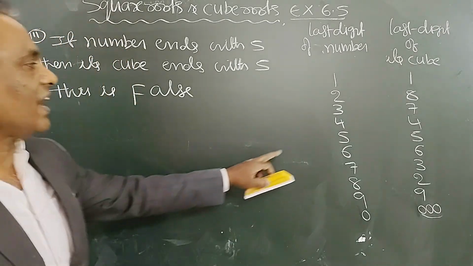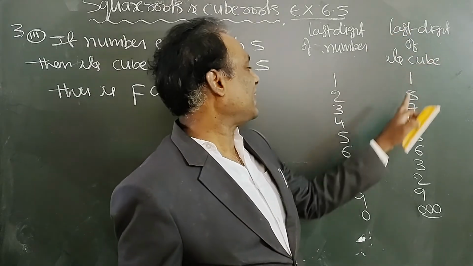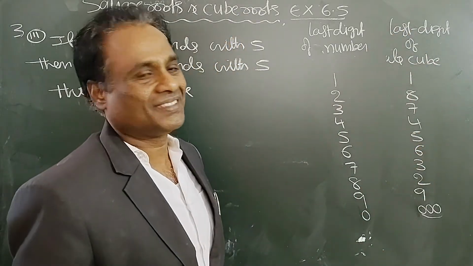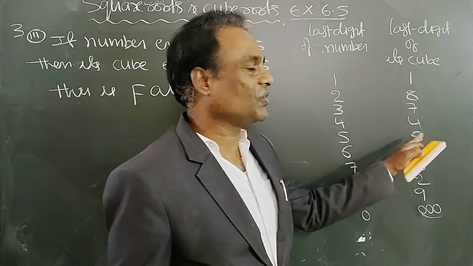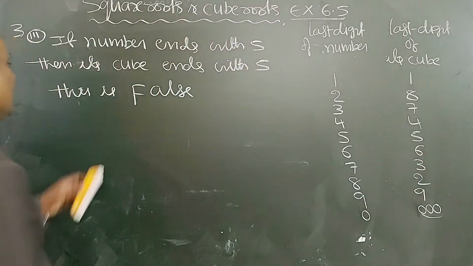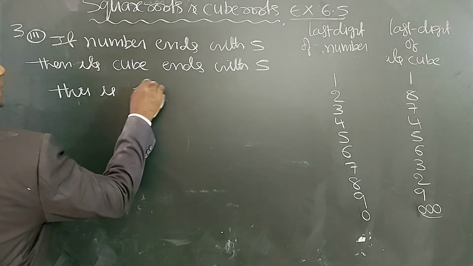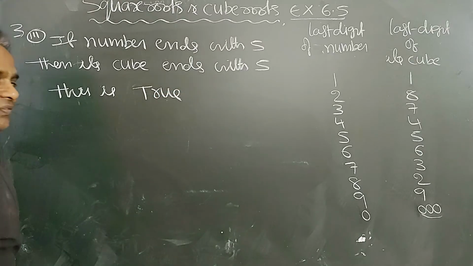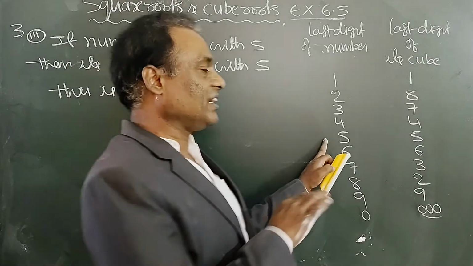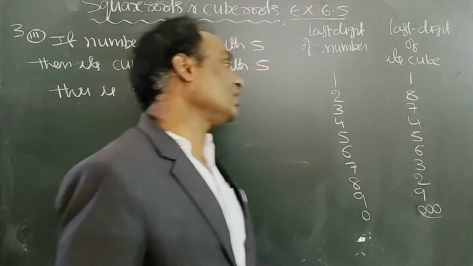If a number ends with 5, its cube also ends with 5. Correct. If a number ends with 5, its cube also ends with 5. This is true. If the last digit of the number is 5, the last digit of its cube will also be 5.